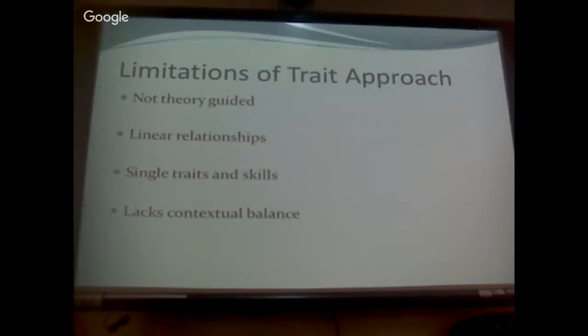If people that have different skill sets and different levels of traits could be similarly effective, it kind of washes out the idea that we should be looking at one single trait. We can examine a single trait or skill in terms of how much impact it has with respect to leader outcomes, but in terms of saying this is going to be an explanation of how it's going to work, that's broken.